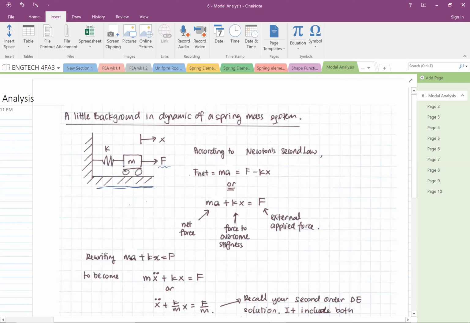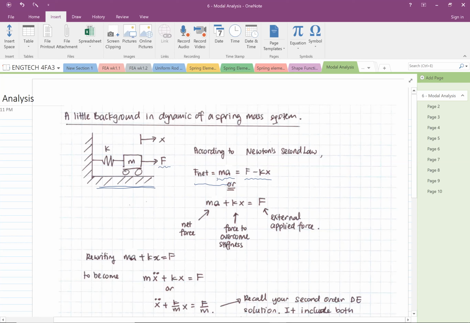Okay, so the force can also be defined by the mass times its acceleration. This term is basically what we had in our first lecture, F equals kx.